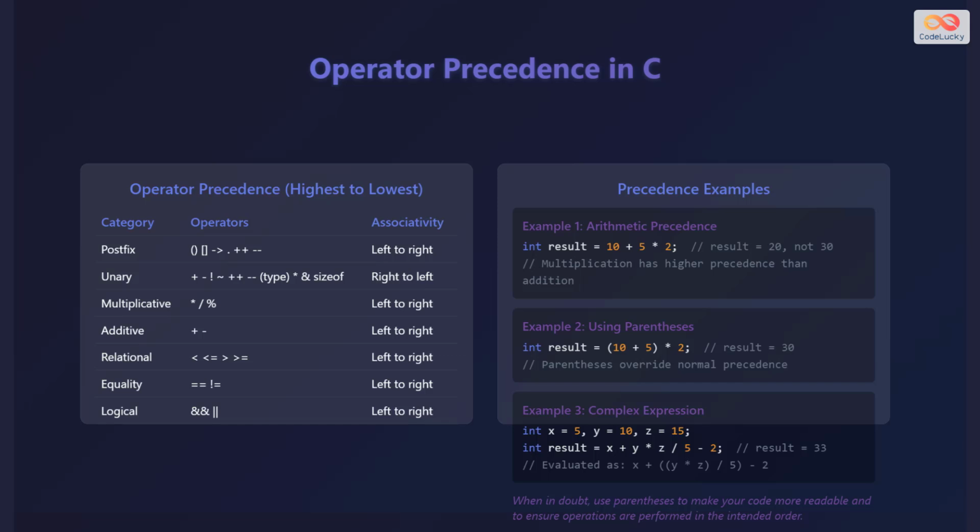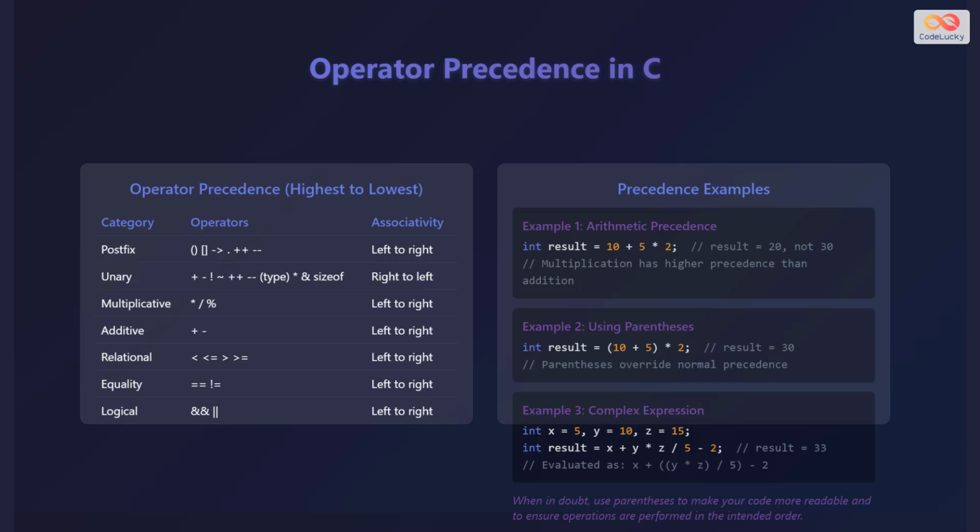Postfix operators, such as parentheses, array access, arrow and dot operators, as well as increment and decrement, have the highest precedence and are evaluated from left to right. Unary operators, such as unary plus and minus, logical not, bitwise not, increment and decrement in prefix form, typecasting, dereference, address of, and sizeof, are evaluated from right to left.